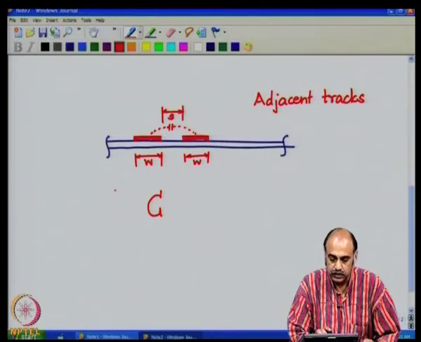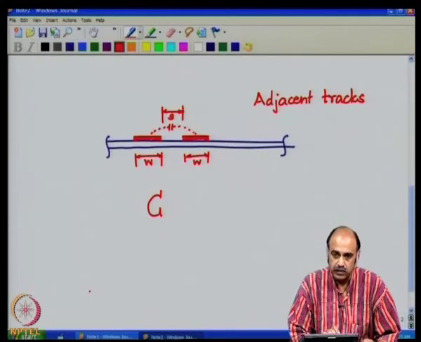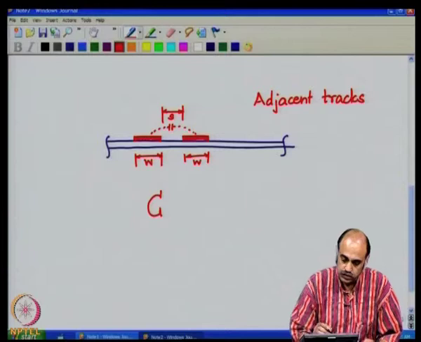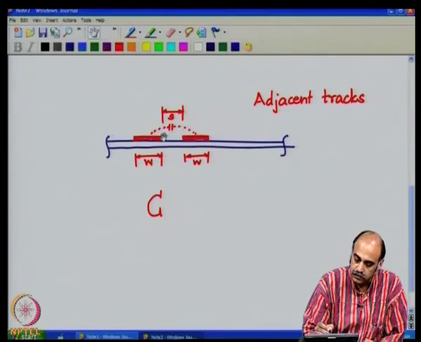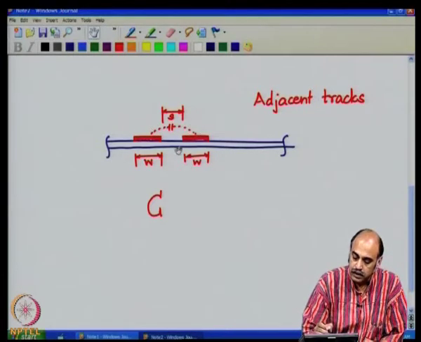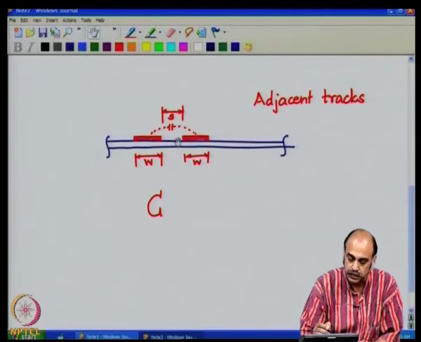Then you have the spacing S, and then we need to find what is the capacitance. You see that you have air as the dielectric here. If you see in these spaces, you have air as the dielectric, and you see the distances are not constant, they keep varying. And then you have the laminate material itself as a dielectric. So, it is a eutectic combination and difficult to have a closed form solution.